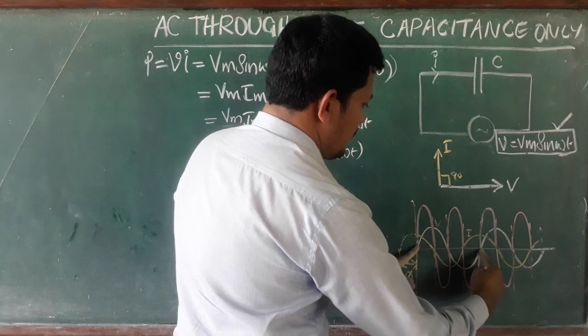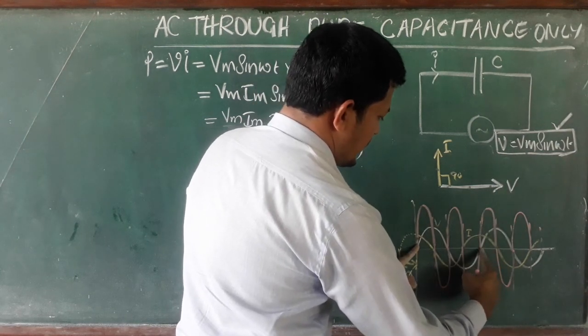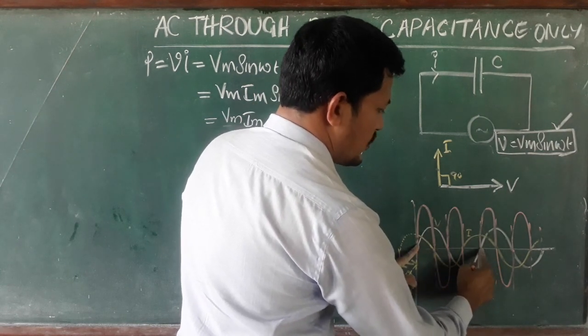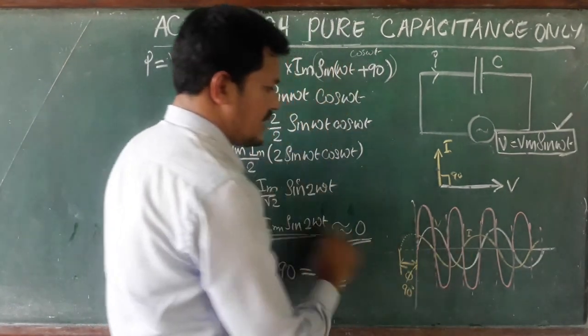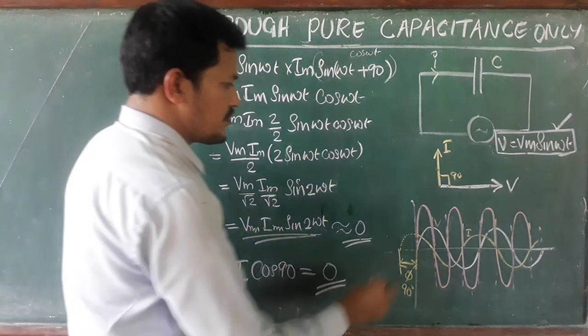Clear? So the supply frequency is this much. One cycle means the power becomes two cycles, so double the frequency. What I said, double the frequency, and its average value should be 0. Clear?